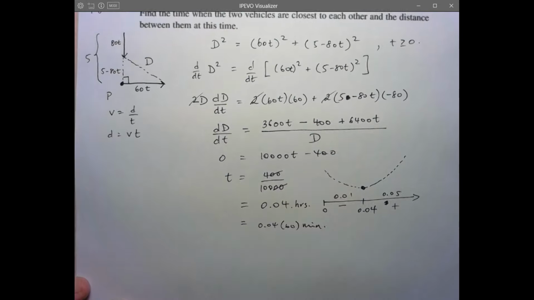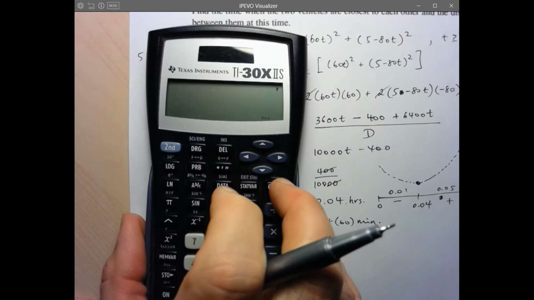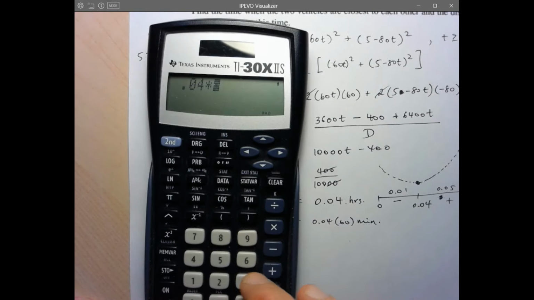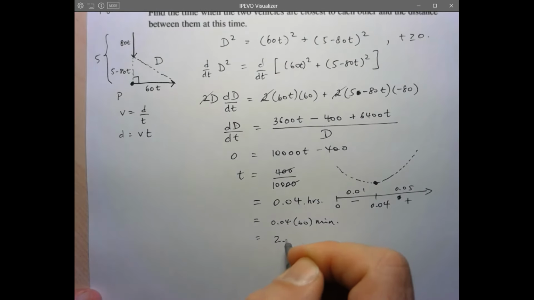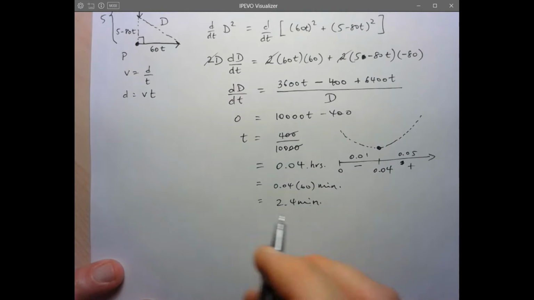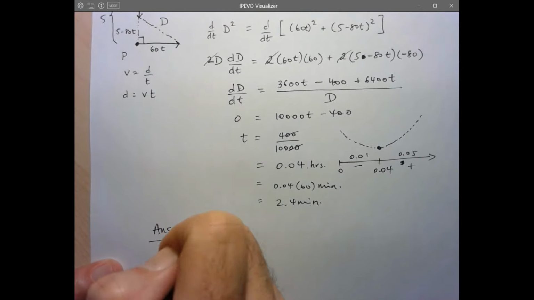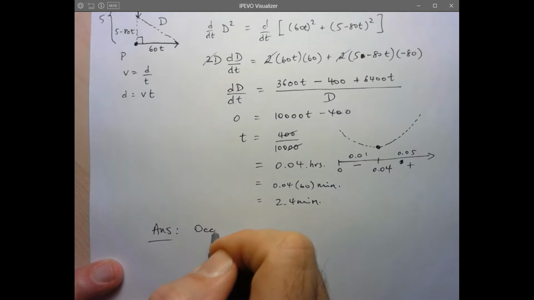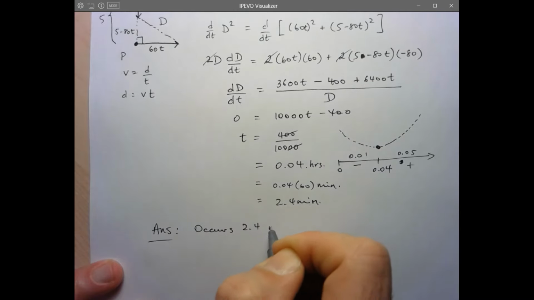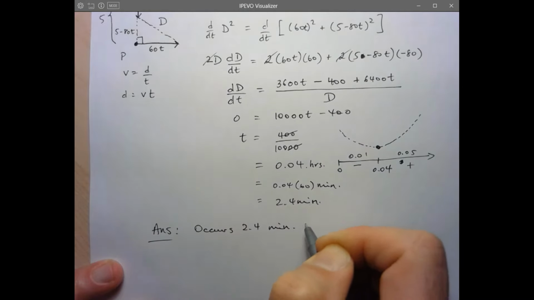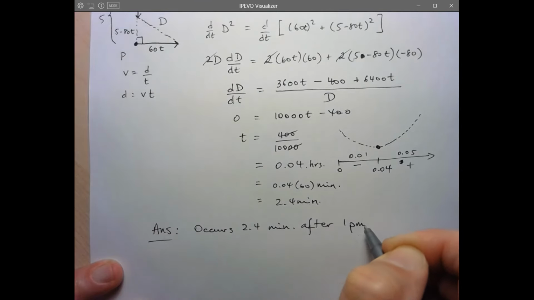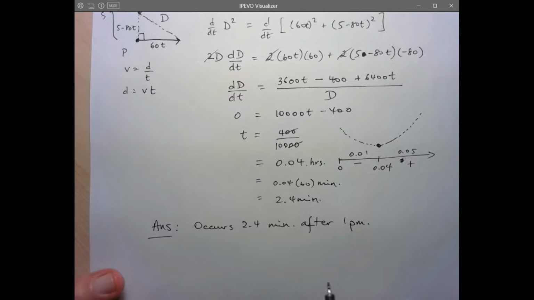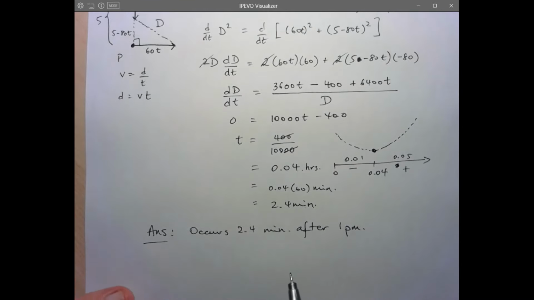So let's calculate that. 0.04 times 60 is 2.4, so it's 2.4 minutes. So let's start with when it happens. It occurs 2.4 minutes after 1 p.m. I guess I could calculate how many seconds, that's not a big deal, but I'll just leave my answer this way.